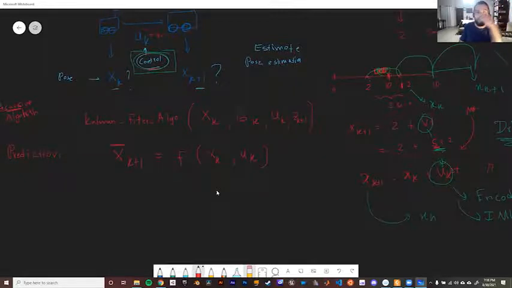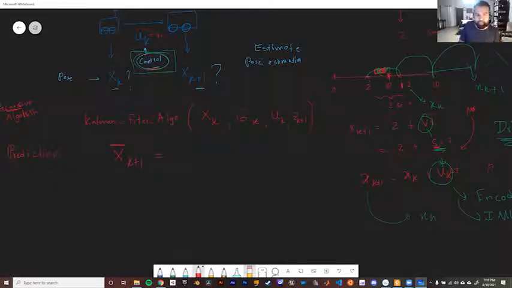So we are going to put a bar on top of it to show that it's a prediction. Remember, this is a probabilistic system, so along with this function, we are also going to model the noise of this function as well. I'll write this function out in a more expanded fashion so that it becomes more clear.